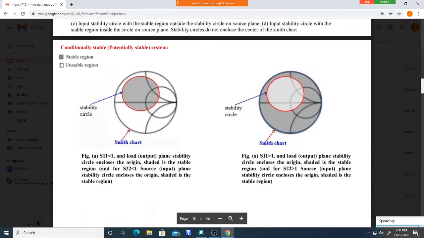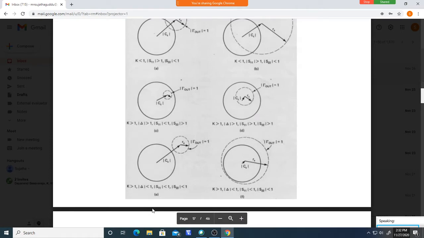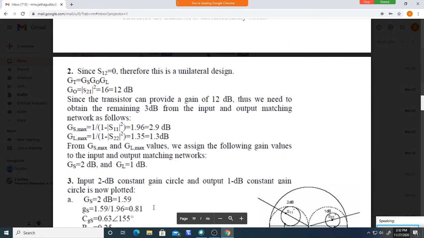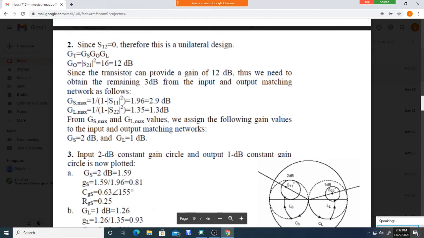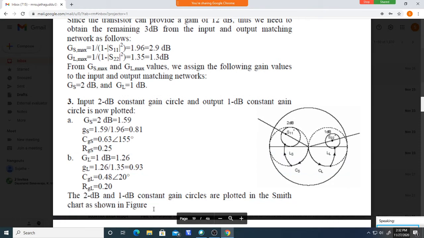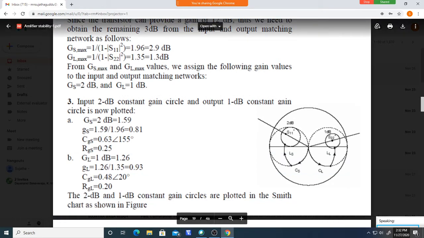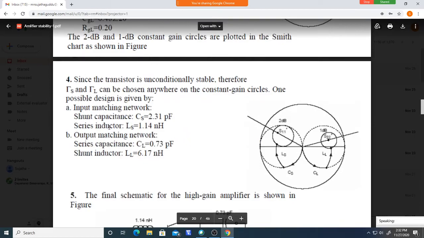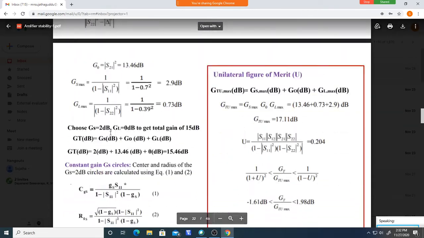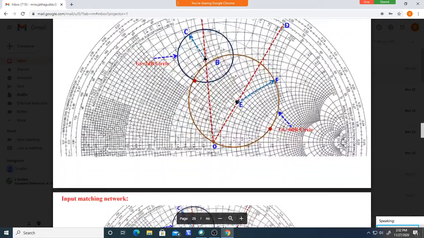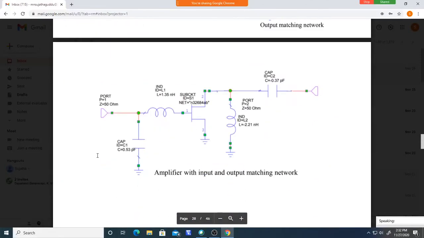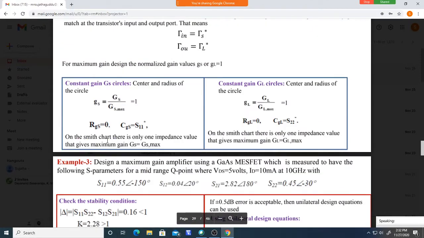You read that. What is that? GS divided by GS maximum. Similar to this problem. Here you see GS. What is the small GS?